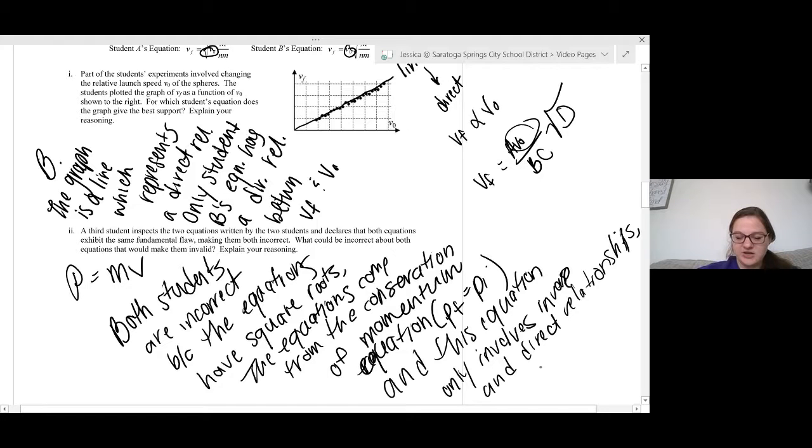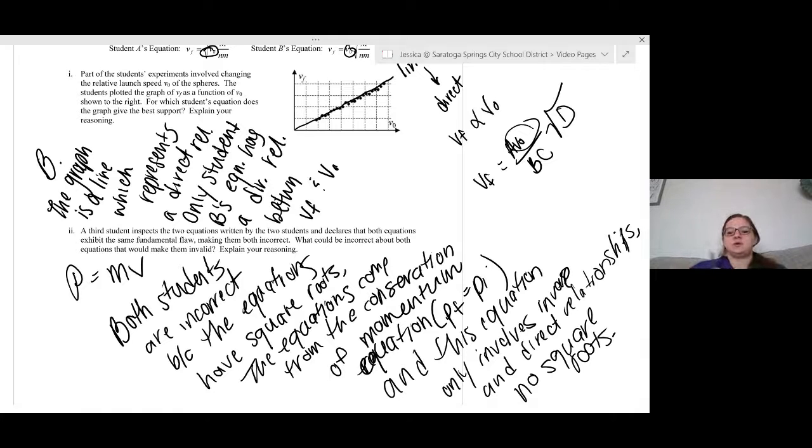No square roots. My writing got really bad there for a minute. Okay, so we talk about why it's wrong, where they go wrong, and essentially how to fix it. We say only direct and indirect relationships.